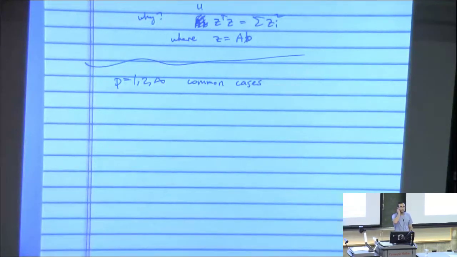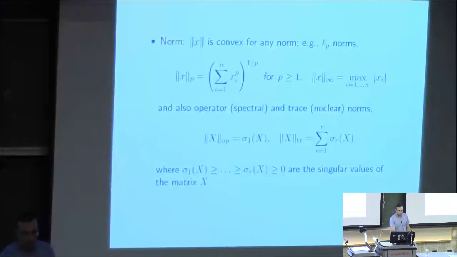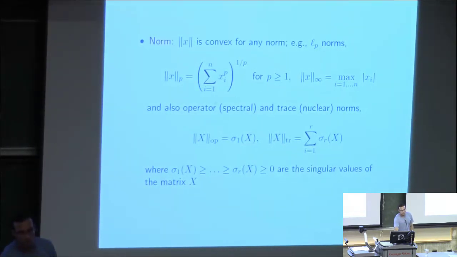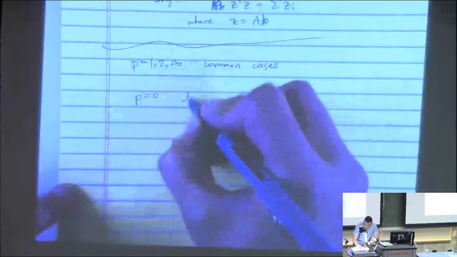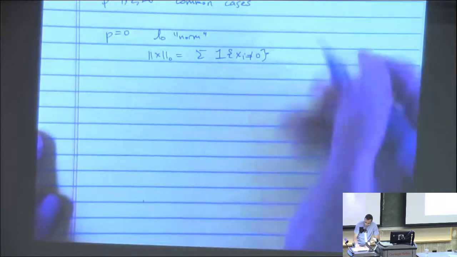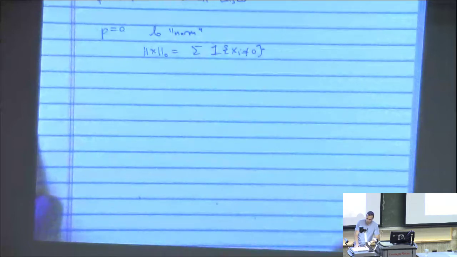There's a question there. The 0 norm, right? It's not really a norm. Yeah. Good question and comment. We're only considering p being bigger than or equal to 1. So when p is 0, we kind of talk about the L0 norm, and we really should be using "norm" in quotation marks, but we never do. We usually define this as the number of non-zero entries in x, the sum of indicators that x_i is not equal to 0.